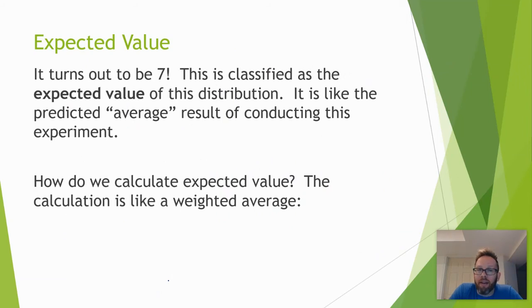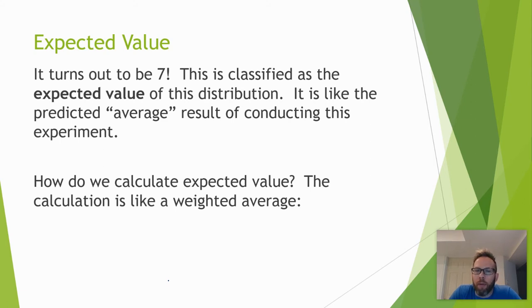It's like a predicted average result of doing this experiment. So what this is saying is that, in this experiment of rolling 2 dice and recording the sum, 7 is the expected value. It's not like you're expecting a total of 7 every time, but you're expecting to get an average of 7 if you did this over and over and over again.